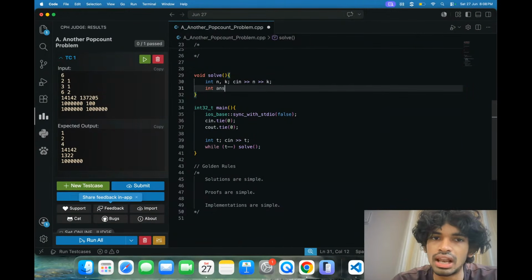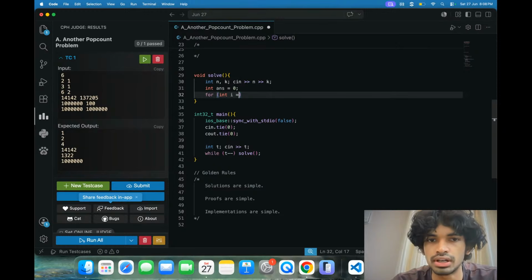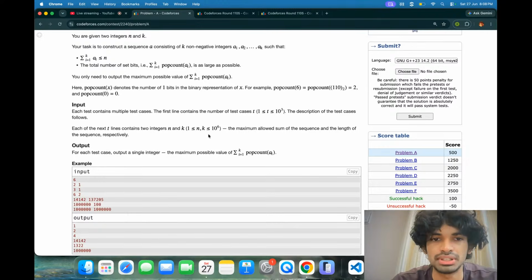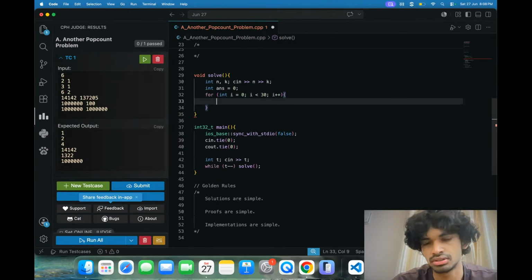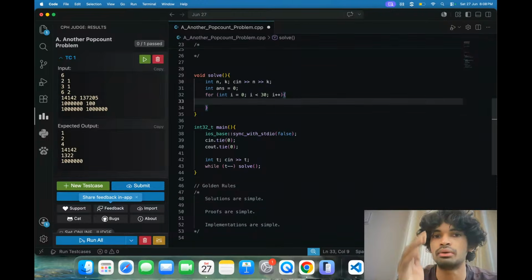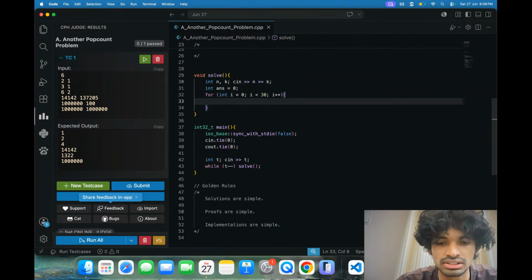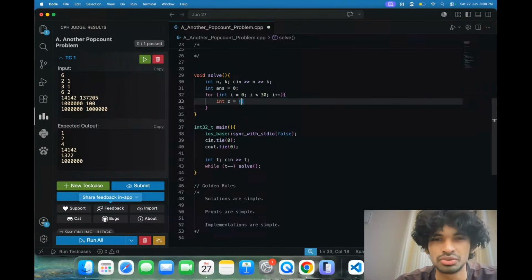So I'll have int answer equals 0. For int i equals 0, i less than, let's say 30 or something like that. It need not even be 30 because you have n left and you have k positions that are there. So you can take int z equals 1 power i, or something like that.